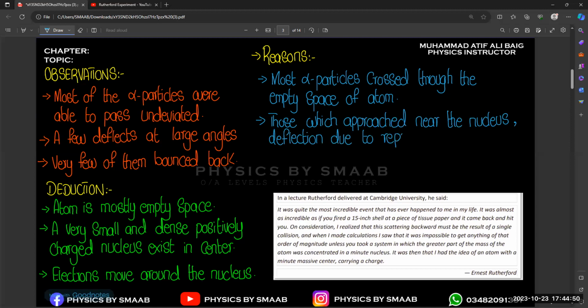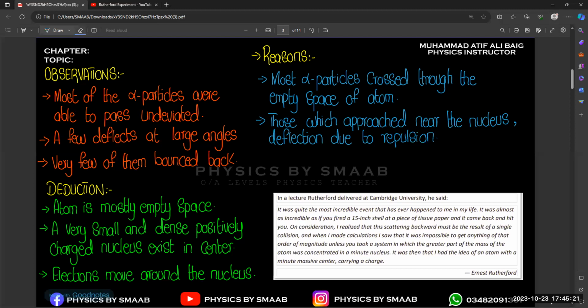Because alpha particles are positively charged. Yes. And I think the nucleus is also positively charged. Yes. Any other idea that you want to share? Sorry, may you repeat yourself, please? Basically, the question is about the second point, those which approach near the nucleus are deflected due to repulsion.